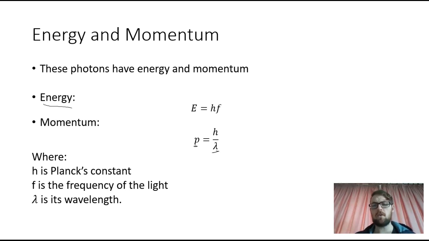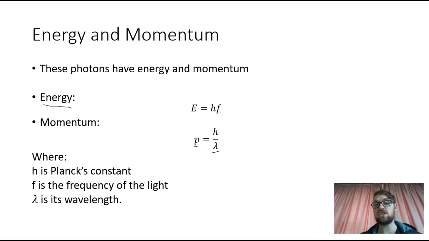Now, we've seen this lambda before, and we've seen this f, but what is this h? So h is Planck's constant. It's just a constant value, constant meaning it never changes. The value of it is 6.63 times 10 to the negative 34, and the unit for that is joule seconds, so Js.